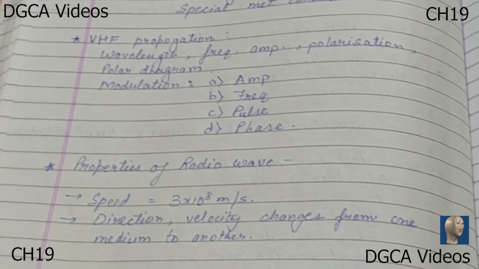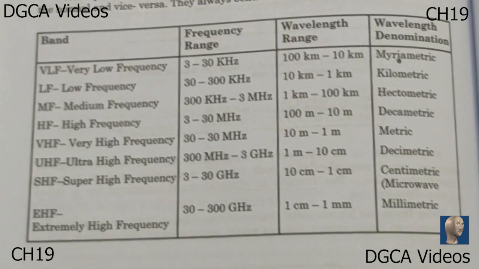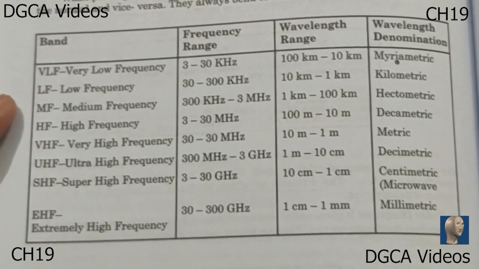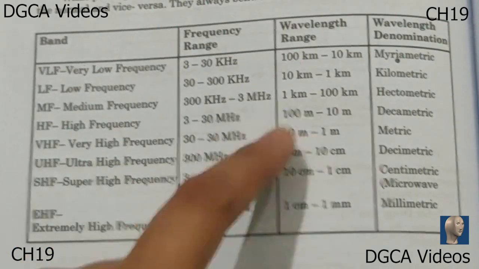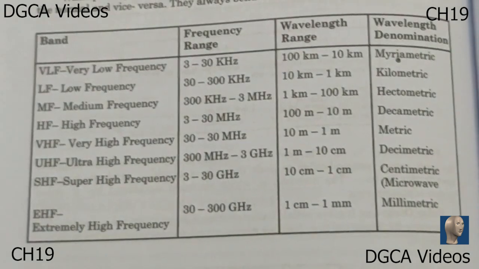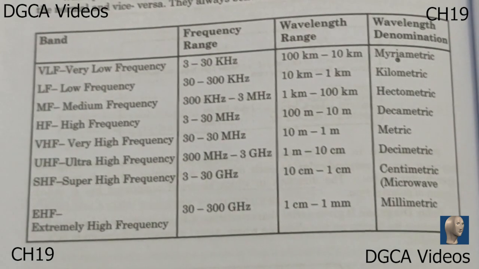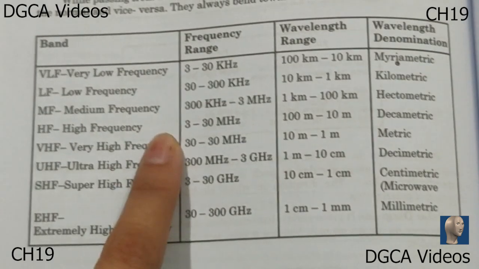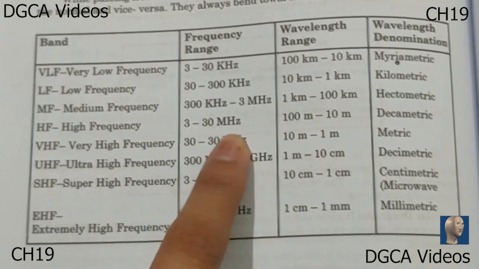Okay. So let's talk about the frequencies of different electromagnetic waves. Here is the table of frequency bands. You have to remember mostly the frequency, and you can also give a look at the wavelength range. The high frequency range is from 3 to 30 megahertz.